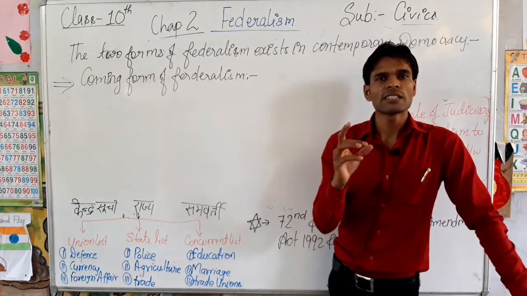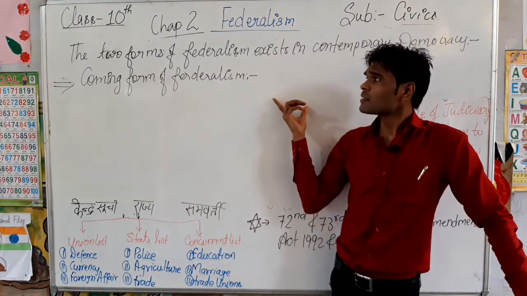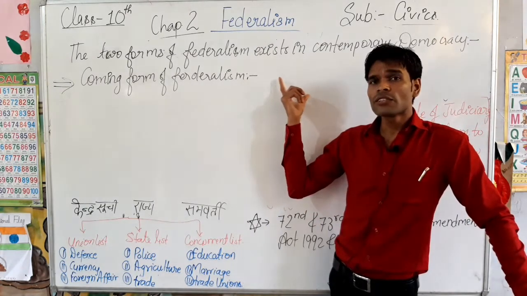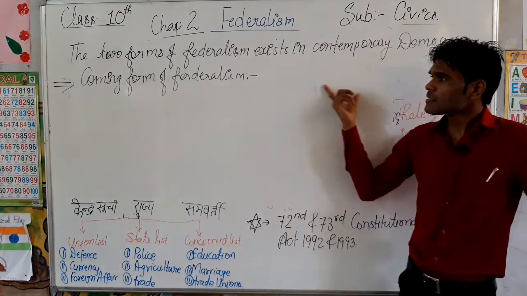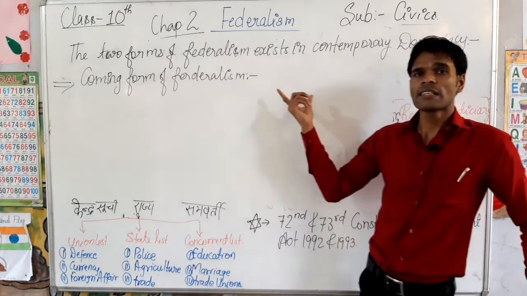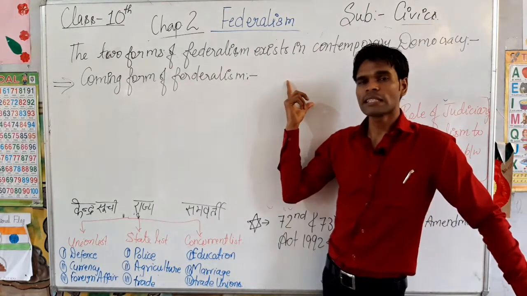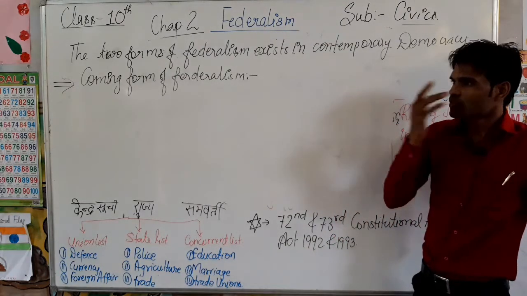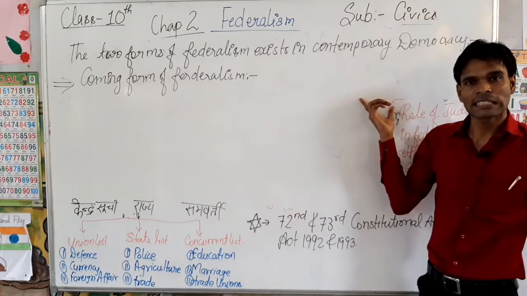The small units come together to form a big unit, and in this way they maintain their regional diversity, and they make the big unit for the international safeguard of the country.